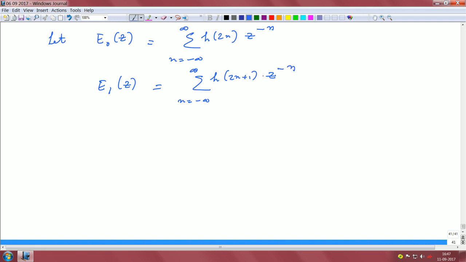If I let these two filters like this, then my H of z can be written as E0 of z square plus z power minus 1 E1 of z square.